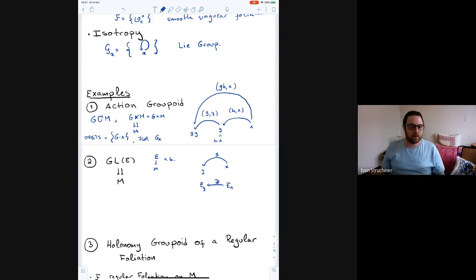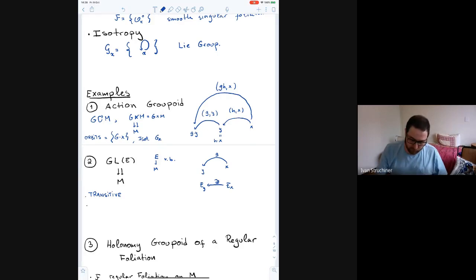And then multiplication is just concatenation of these isomorphisms. The inverse is just the inverse of the isomorphism. The identity at the point X is just the identity map from the fiber to itself. And this is what we call a transitive groupoid. It has only one orbit, transitive, right? And all of the points in M are in the same orbit.